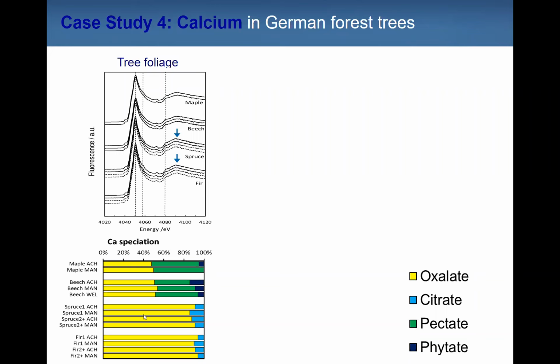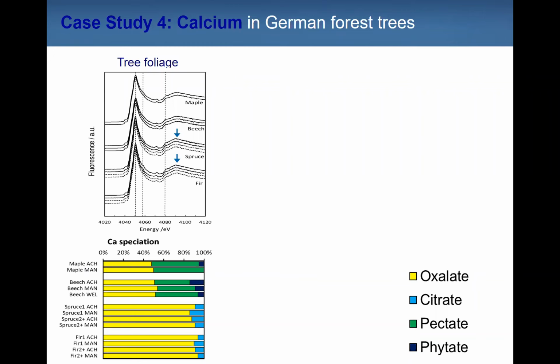These are different trees sampled from different areas, so it's not an area issue, but a tree species issue. Conifers have more calcium as oxalates in their leaves compared to broadleaves. The reason is oxalate is a passively accumulated element in foliage.